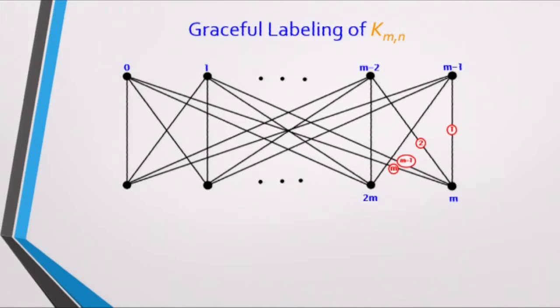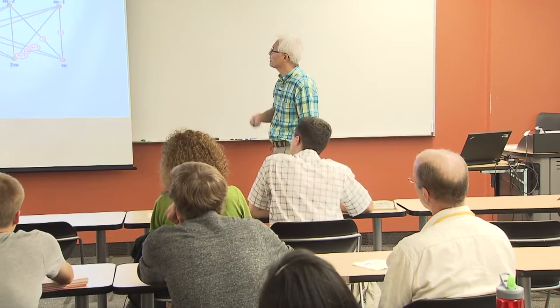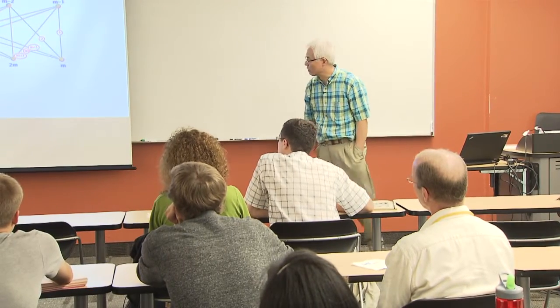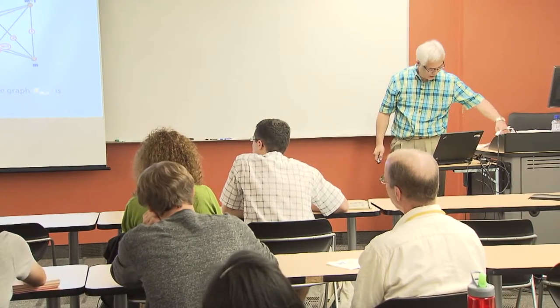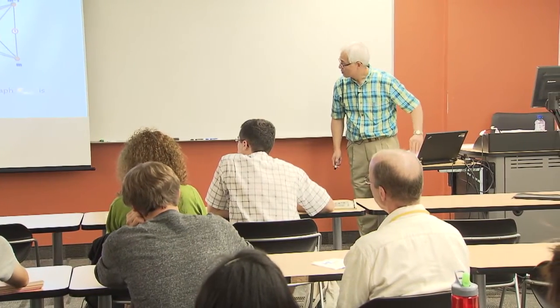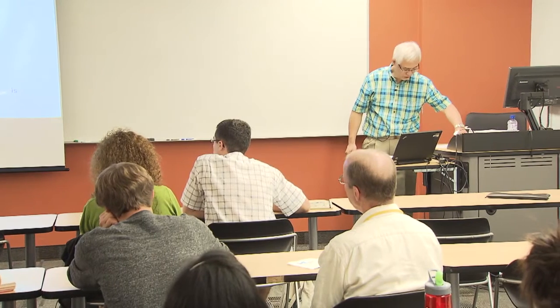Increase the second vertex to 2m, and continue this way. So this gives an idea how to go about labeling a complete bipartite graph, and certainly Solomon Golomb again said a complete bipartite graph is graceful for every m and n.